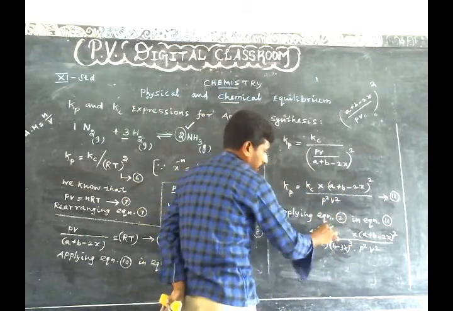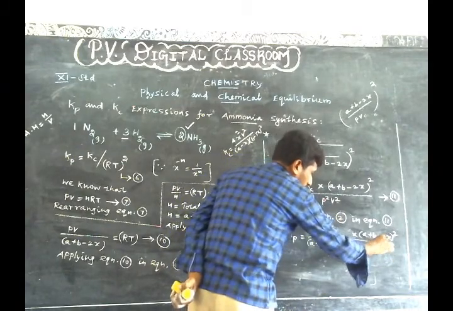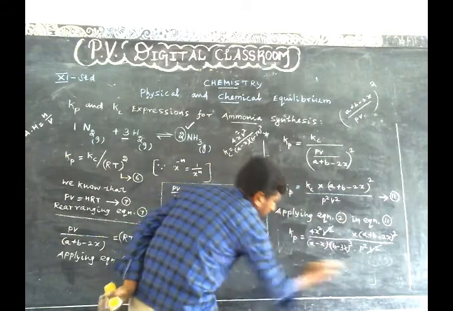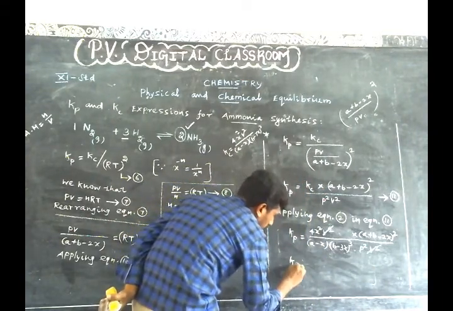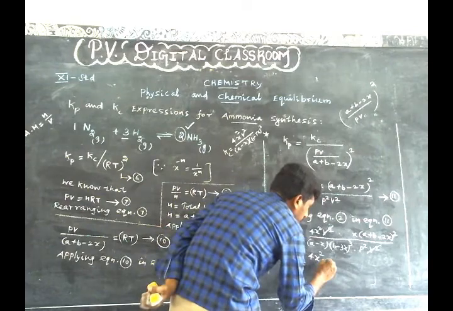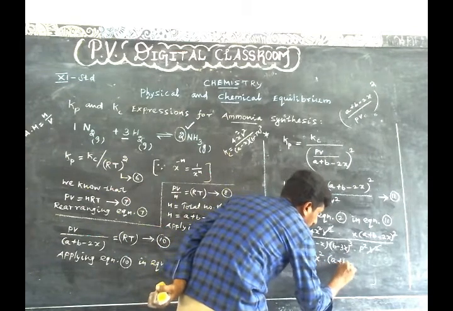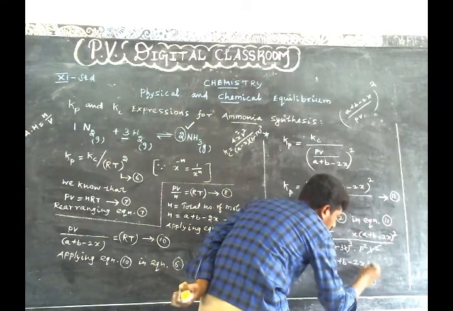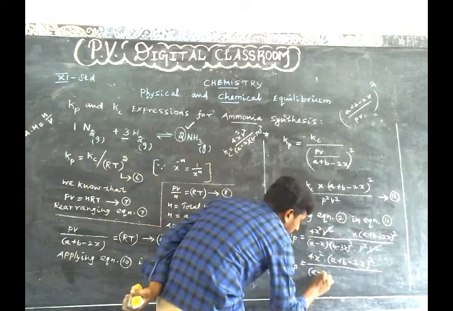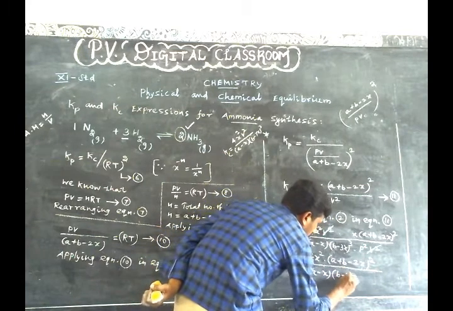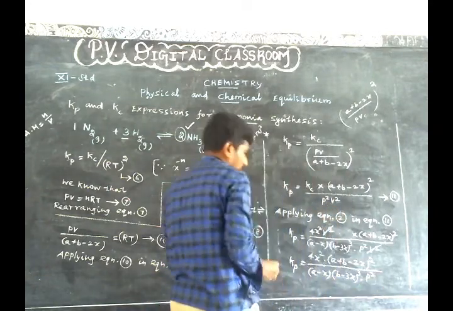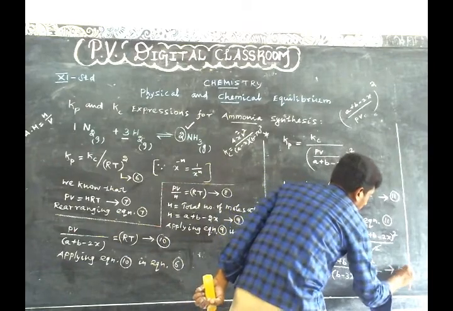This numerator V square term is cancelled by the denominator V square term. Finally, this equation becomes Kp is equal to 4x square into A plus B minus 2x whole square divided by A minus x into B minus 3x whole cube into P square. So this is equation number 12.